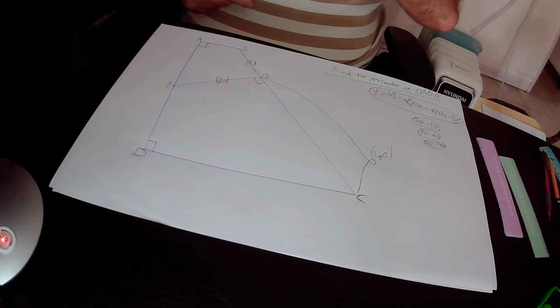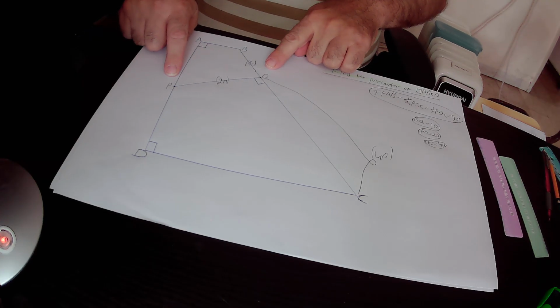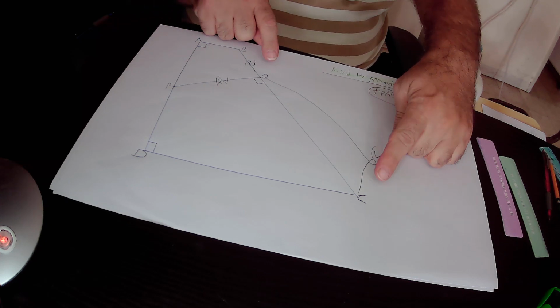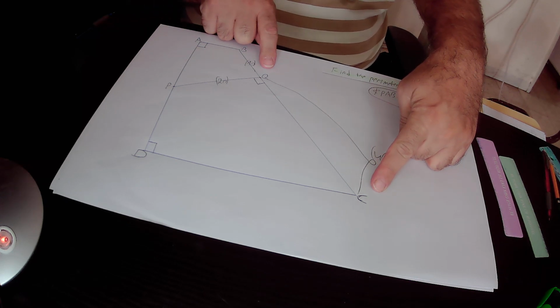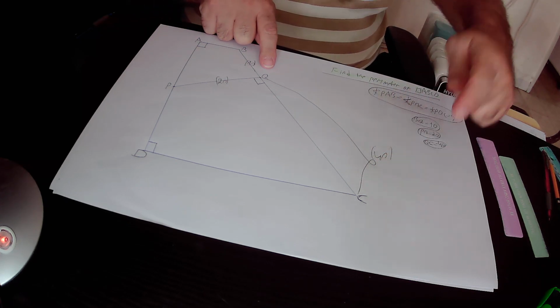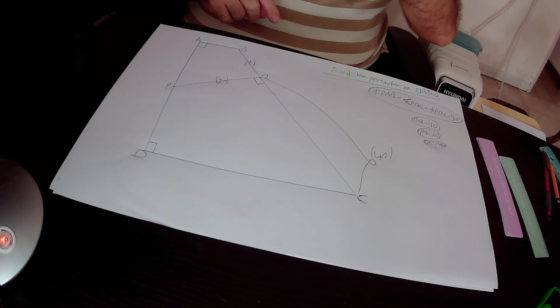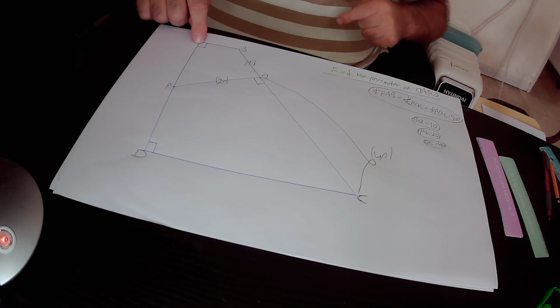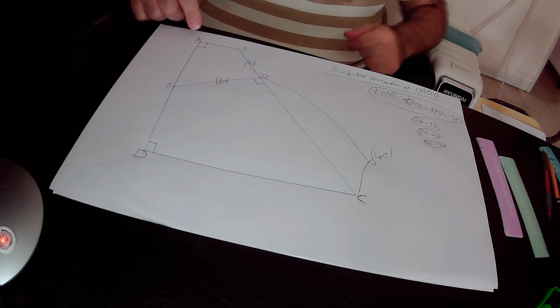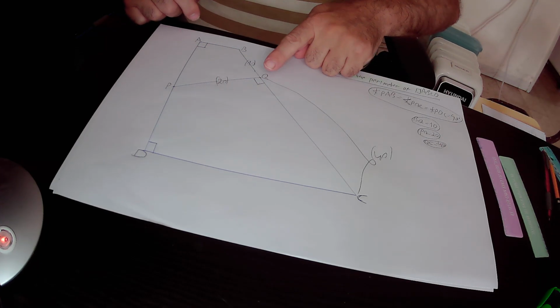In the drawing we have quadrilateral ABCD. We know that PQ equals 20 units in its length. QC equals 40 units in its length. This is a right angle, this is also a right angle, and this is a right angle.